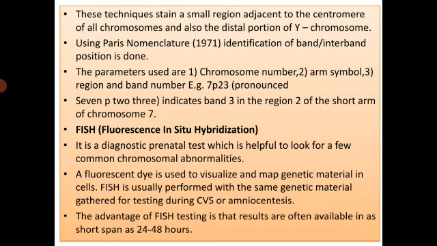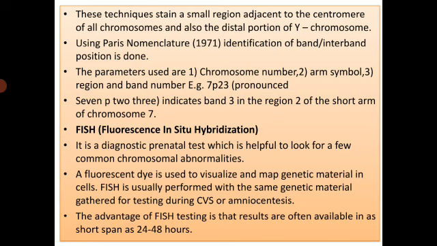Using Paris nomenclature 1971, identification of band and interband position is done, and the parameters used are: one, chromosome number, okay, whether it is 10, 15, 9.